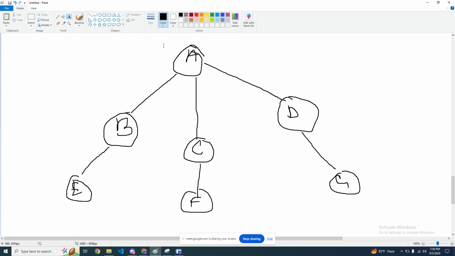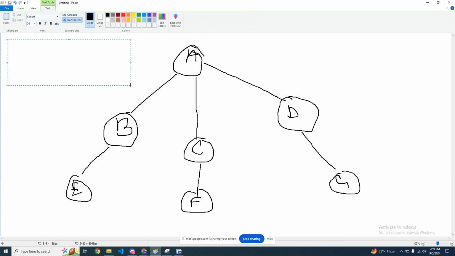Suppose all of these nodes are basically your non-terminals, and they have some attributes. Suppose all of them have an attribute called v.